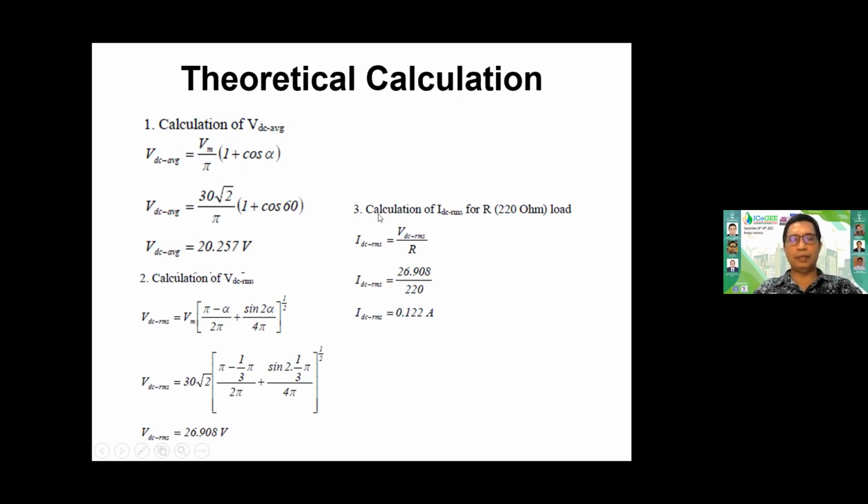This calculation will be compared with the testing result, to see how different the theoretical calculation is from the testing in the real circuit.